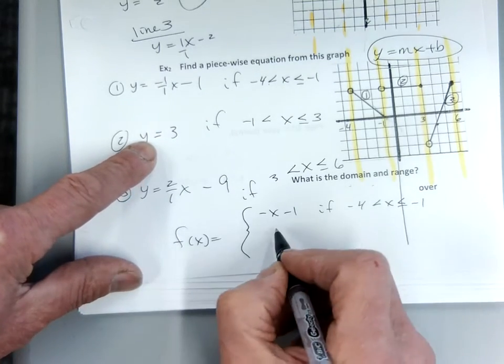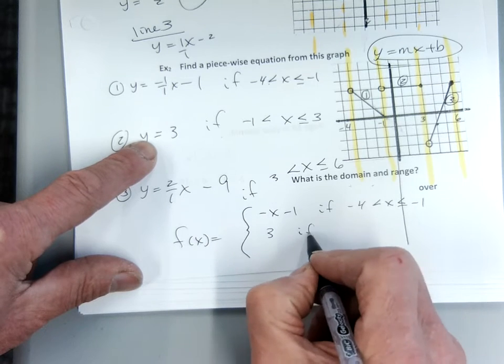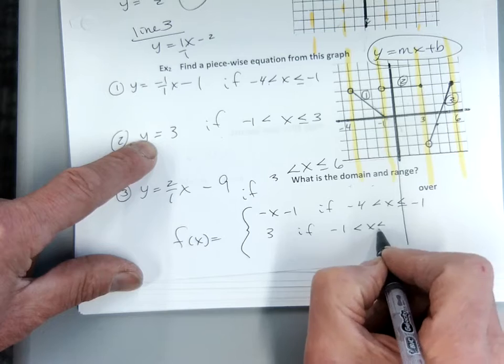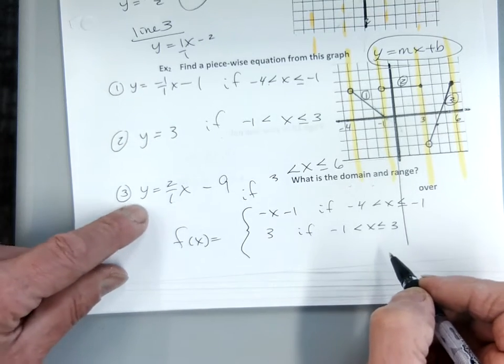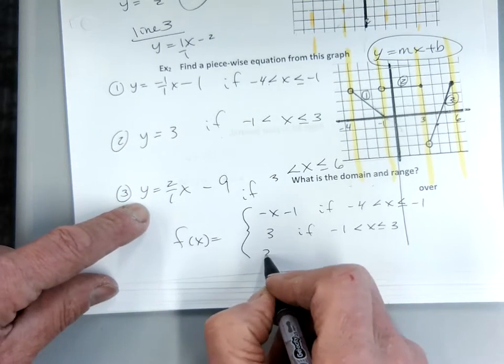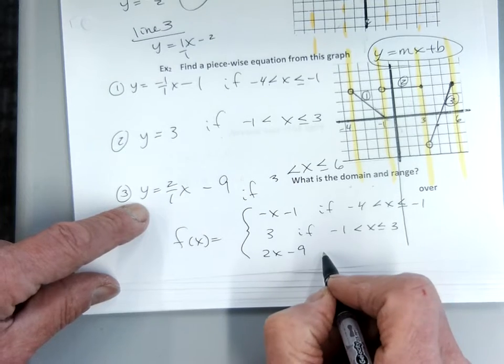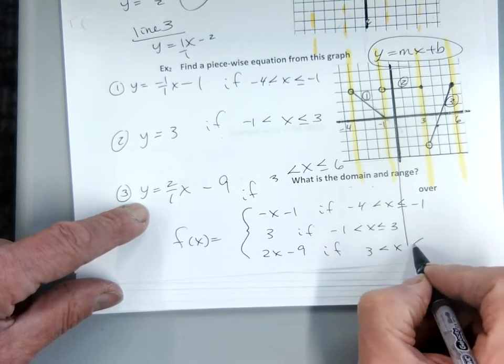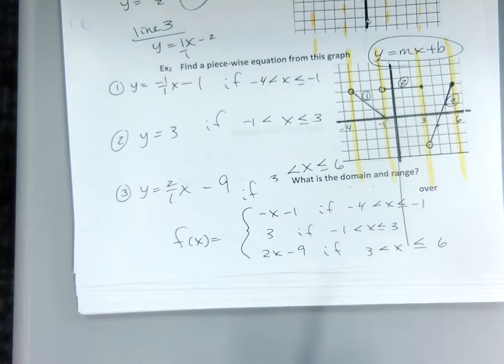Y equals 3, or f of x equals 3 if -1 is less than x, less than or equal to 3. And y equals 2x minus 9 if 3 is less than x, which is less than or equal to 6.